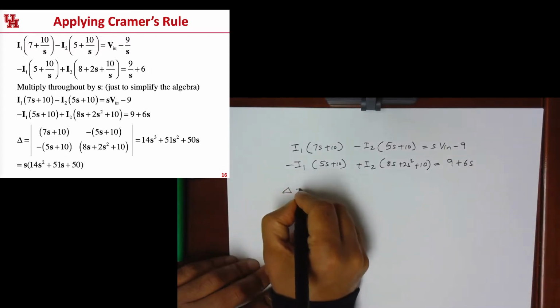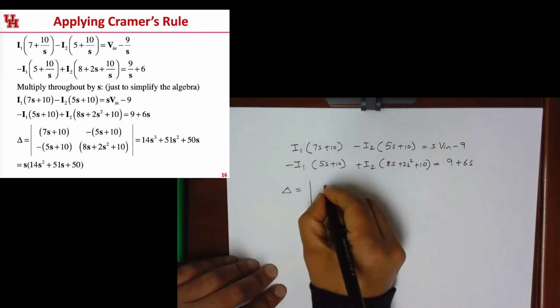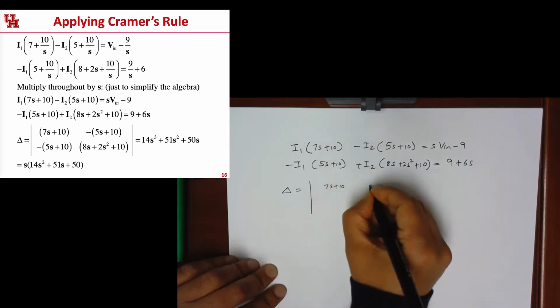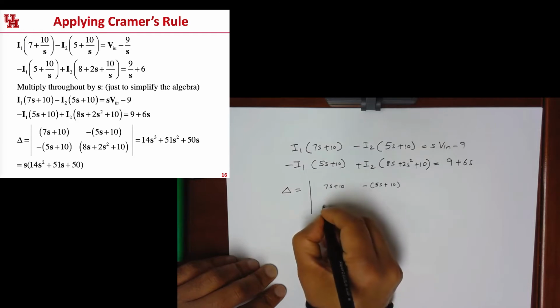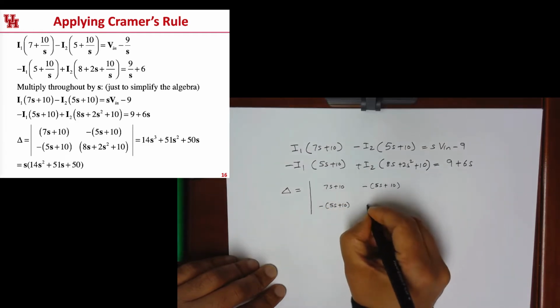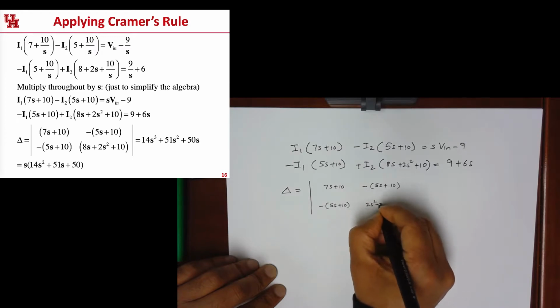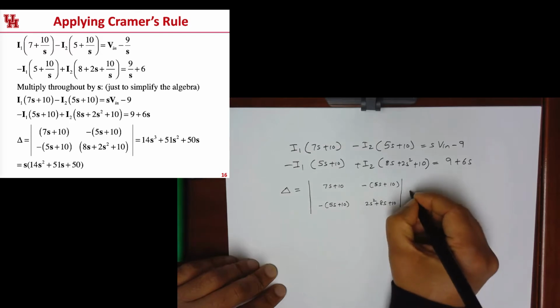So my determinant delta is going to look like this, right? It's going to be these four terms: 7s plus 10, minus (5s plus 10), and minus (5s plus 10), then 2s squared plus 8s plus 10.